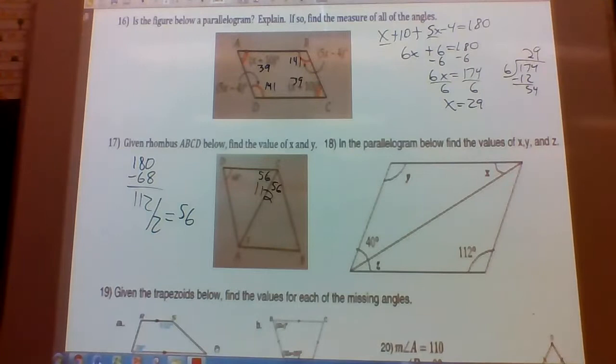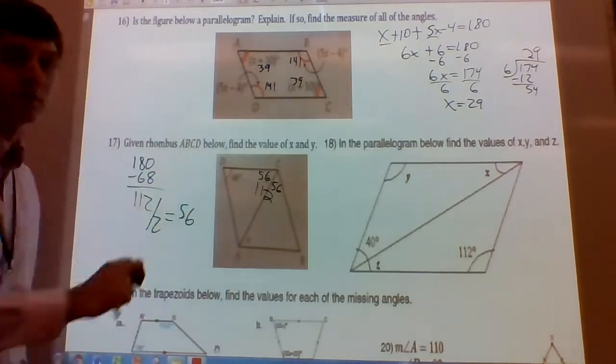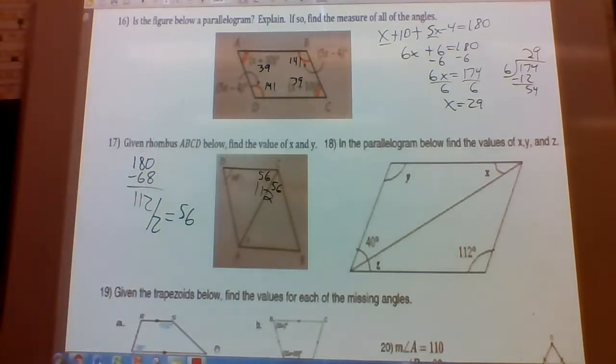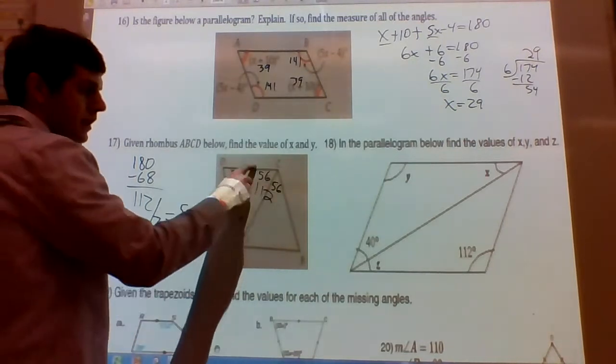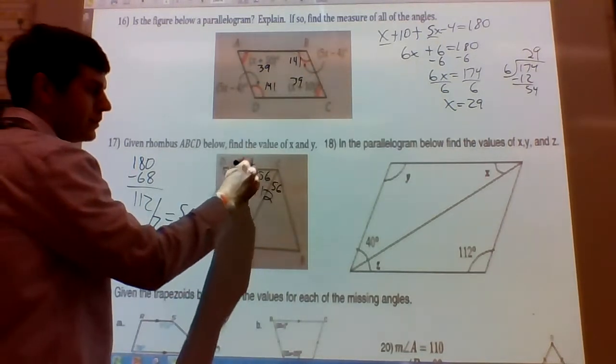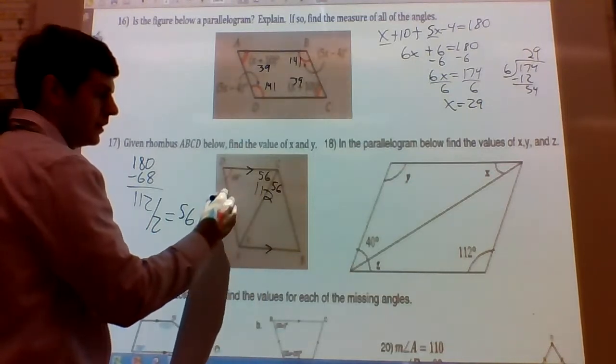Again, if this was just a parallelogram and not a rhombus, we can't bisect that angle. But since it's a rhombus, one of its specific properties is that the diagonals bisect the opposite angles.